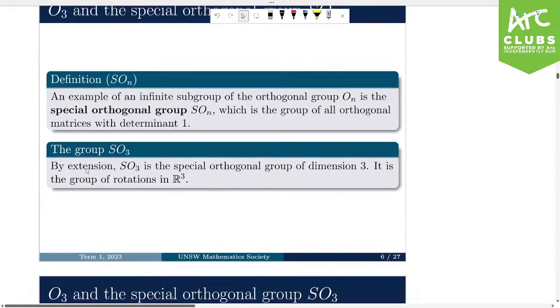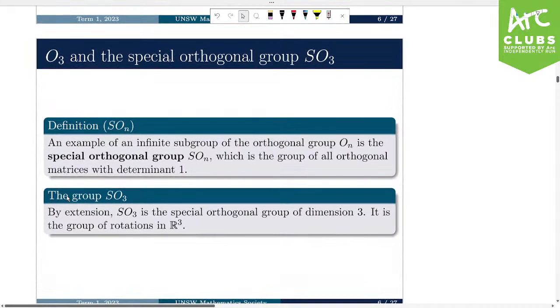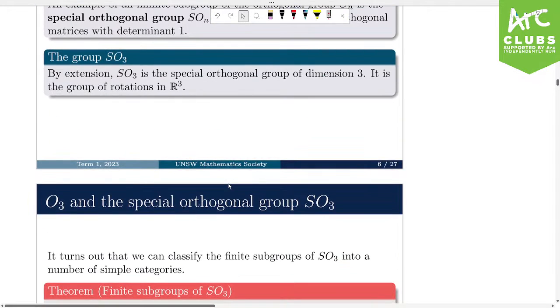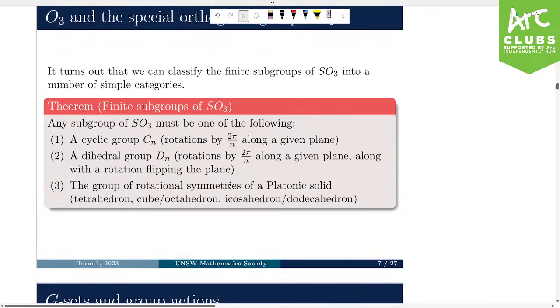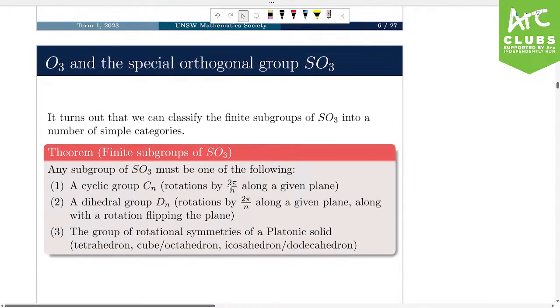And now in 3 dimensions, it's the group of rotations in R3, and we can actually classify all of the finite subgroups of SO3 into 3 categories.